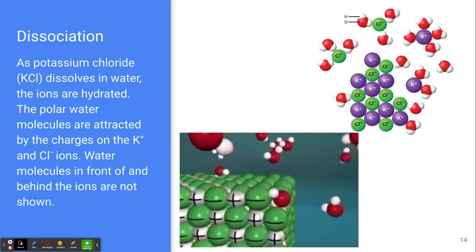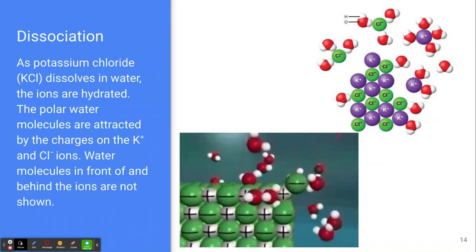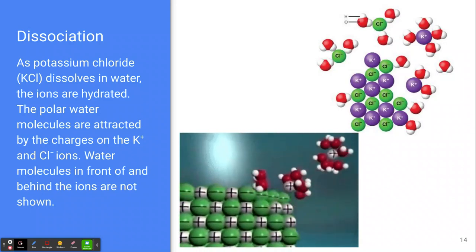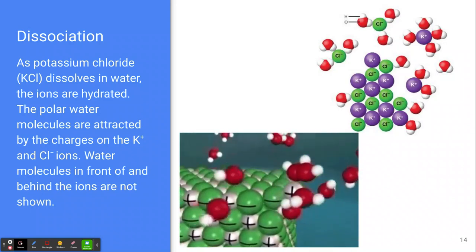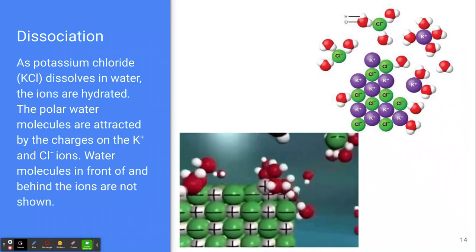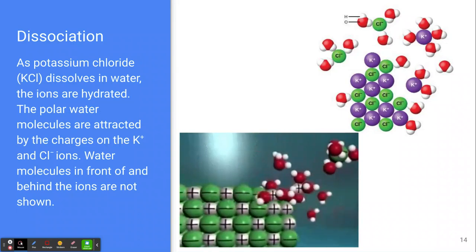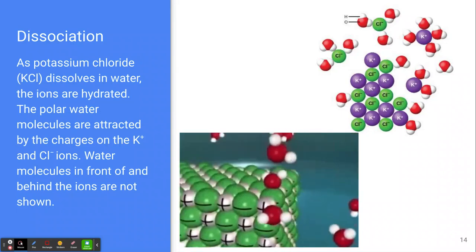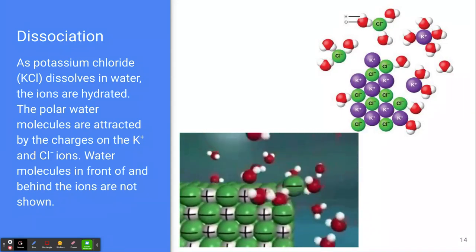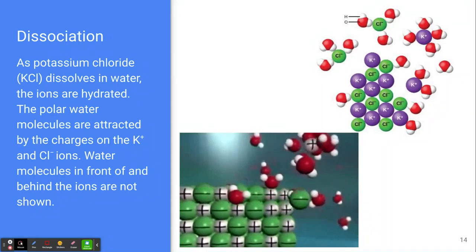So to create electrolytes, you need to go through this process of dissociation. Now we've seen this picture up in the top right. Again, remember that the hydrogens on our water are partially positive, the oxygens are partially negative, and so the hydrogens are going to be attracted to the negative chlorides, and then the oxygens are going to be attracted to the positive potassium in that case.